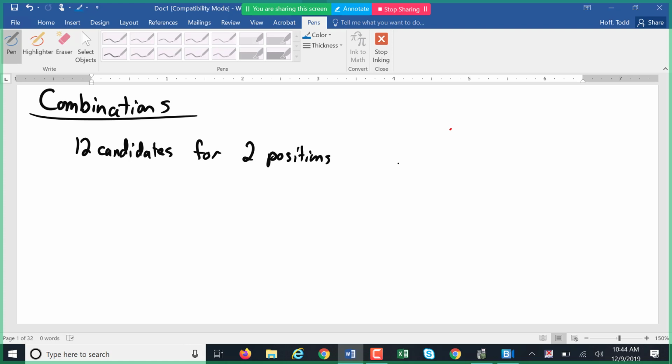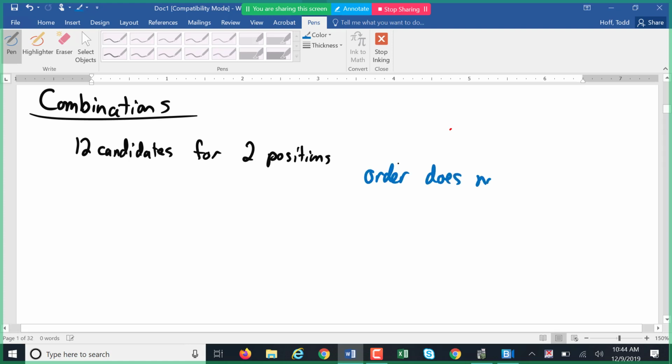All 12 of them would be equally good candidates. So we can just choose 2 of them. Both of them are going to do the same job, so it doesn't matter who's chosen first or second. Order does not matter.